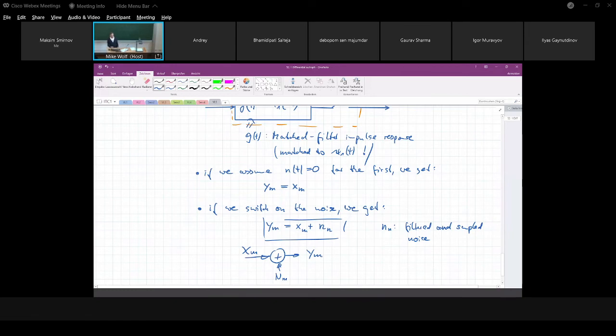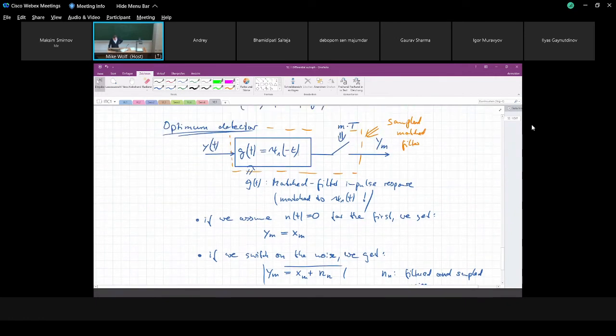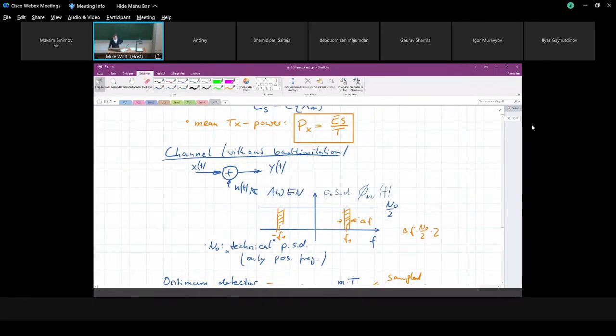This is exactly what we got. But we have to talk about this. How is the statistical description of this still Gaussian distributed noise? And now the thing is, the noise parameter of our channel, yeah? So this is the channel, this is the power spectral density and nothing more.